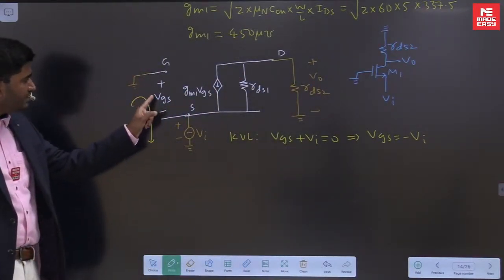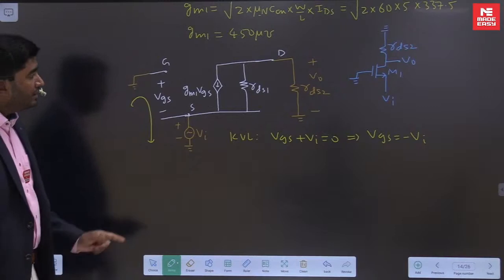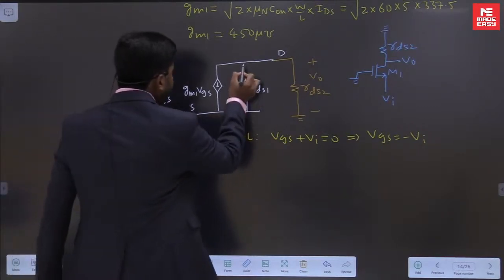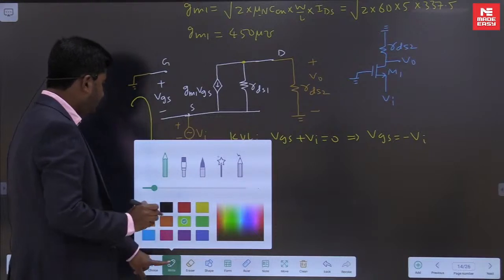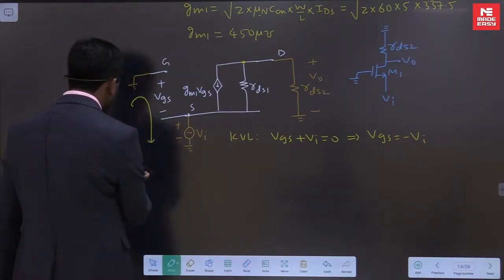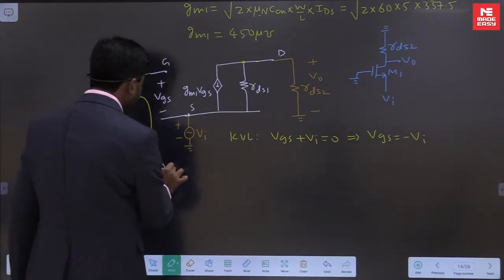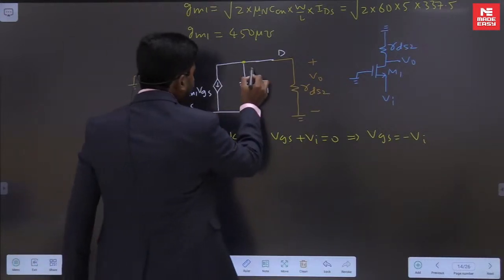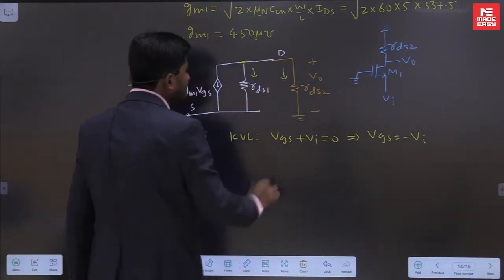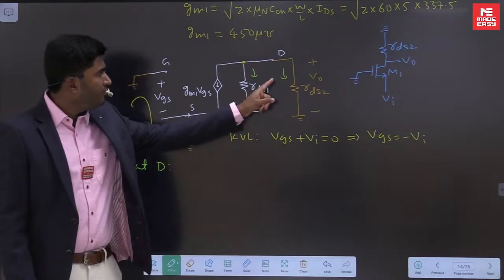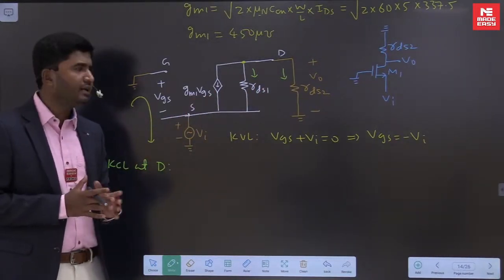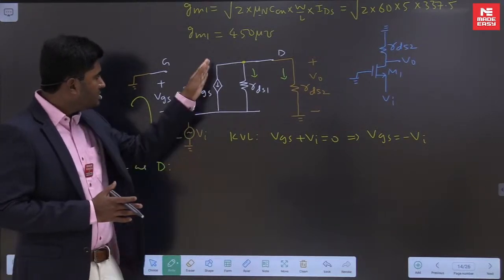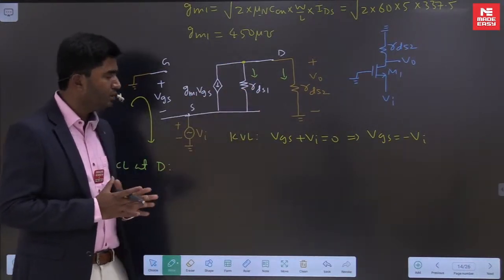Then we will apply KCL at the drain terminal. You can indicate all these currents flowing like this. The sum of these three currents is equal to 0.